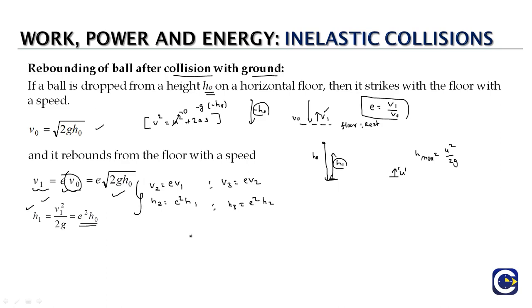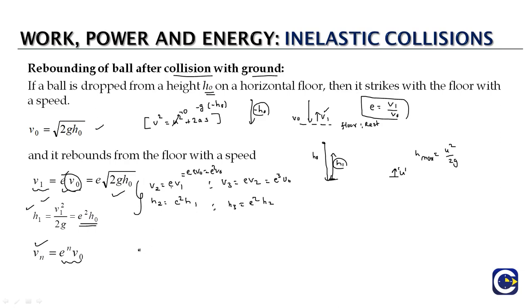Now when we look at the situation after the nth rebound, the velocity of the particle after the nth rebound will simply be E power n times V0, because after the second rebound, V2 is equal to E times V1. On substituting V1 equal to E V0, we have E square V0. In the case of the third, it is going to be E cube V0, and so on.